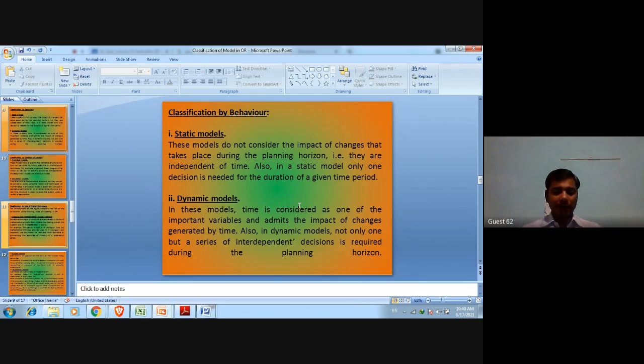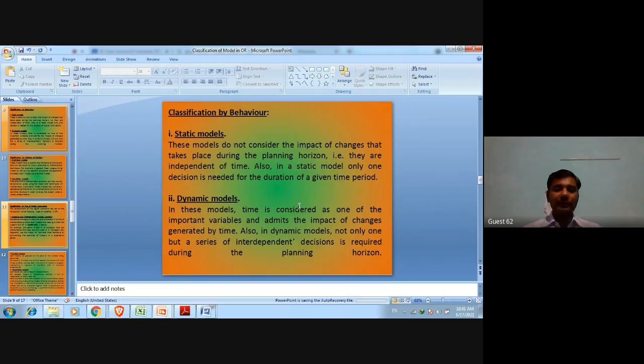But if you have applied a static model once, you cannot change it within that time. This is free from time. Independent means after applying once, you cannot modify anything on that model. So this type of model is called a static model, in which you cannot make any change.